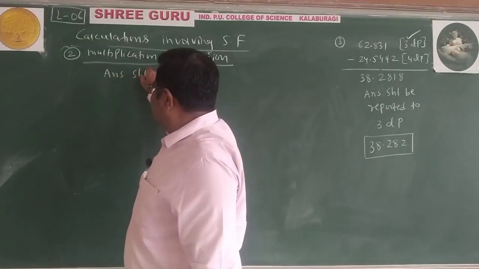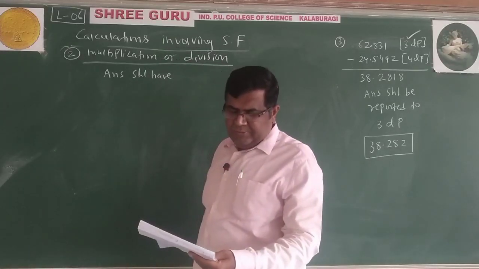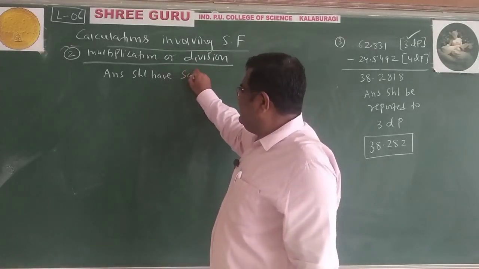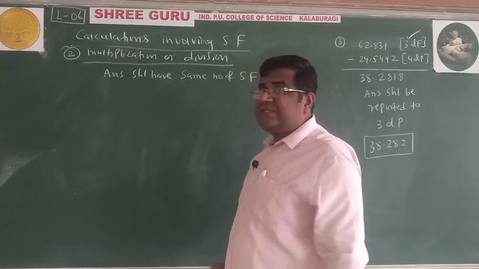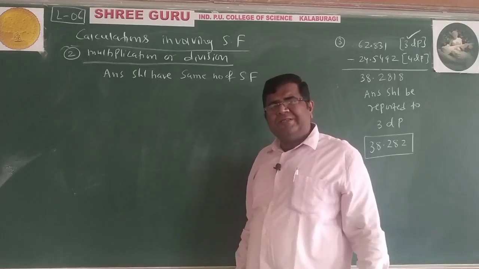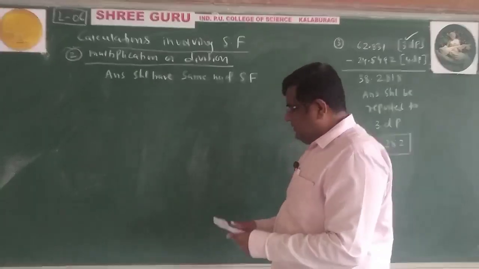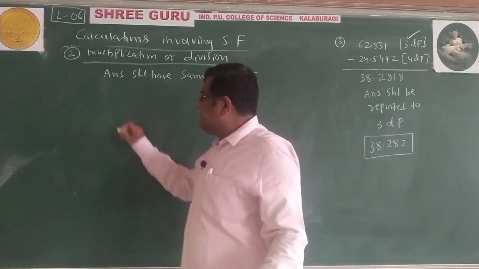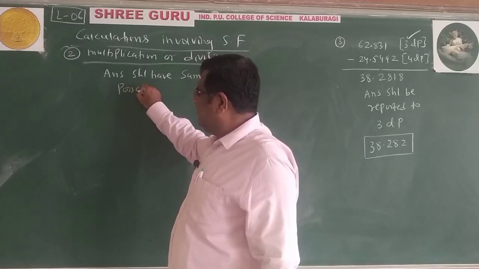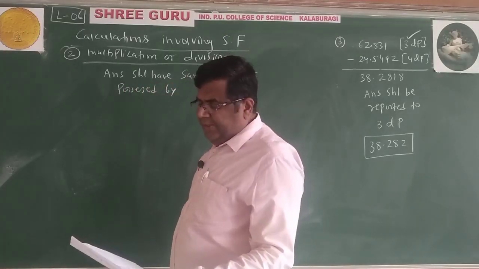The answer should have the same number of significant figures. Now decimal points are immaterial here. The same number of significant figures possessed by the least precise term.